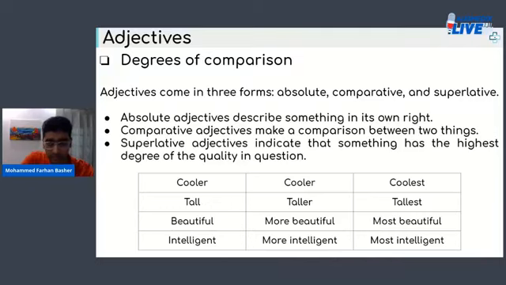For words that have only one syllable, such as cool, we add er for the comparative version, and for the superlative version, we add est. So we say cool, cooler, coolest, tall, taller, tallest. And then you've got some other adjectives that have multiple syllables, such as, for example, beautiful. So beautiful.